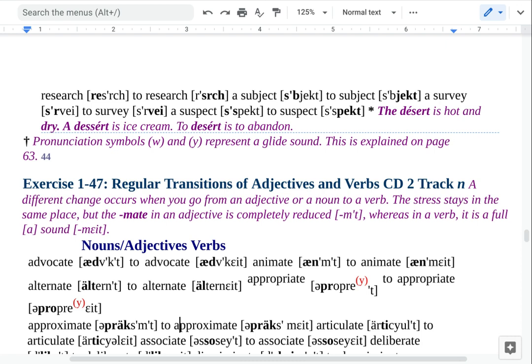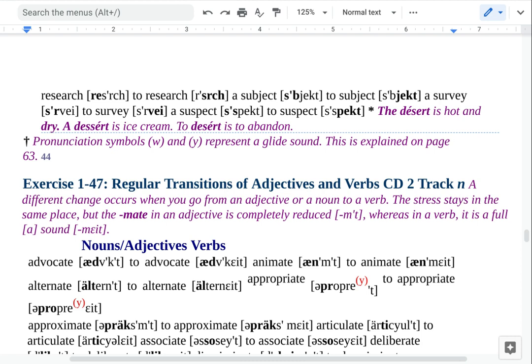Repeat. Advocate. To advocate. Animate. To animate. Alternate. To alternate. Appropriate. To appropriate. Approximate. To approximate. Articulate. To articulate. Associate. To associate. Deliberate. To deliberate.